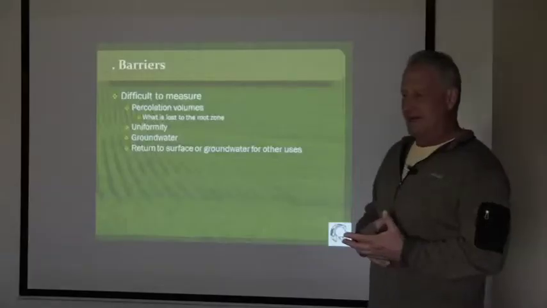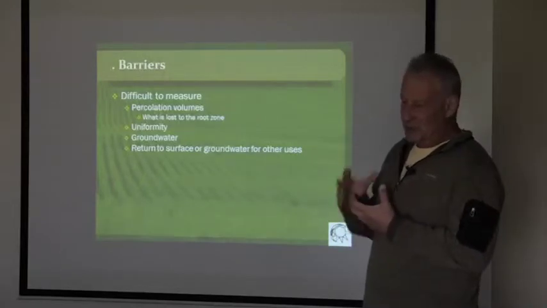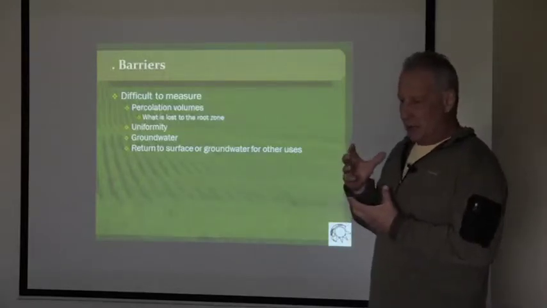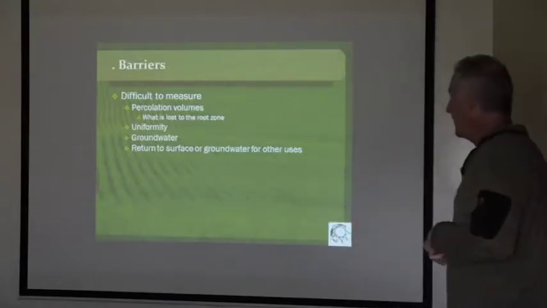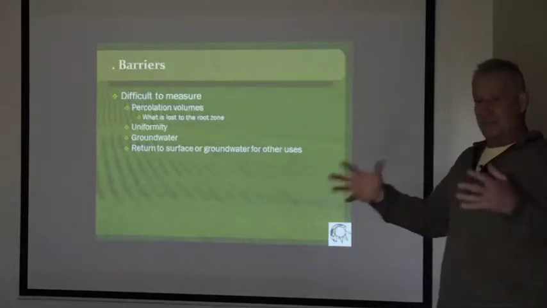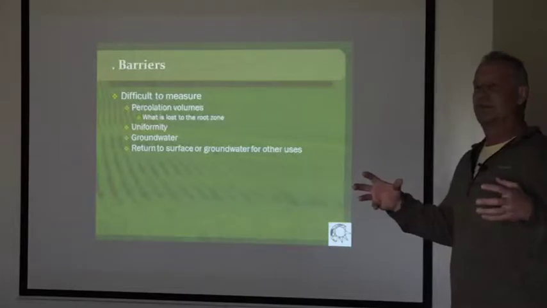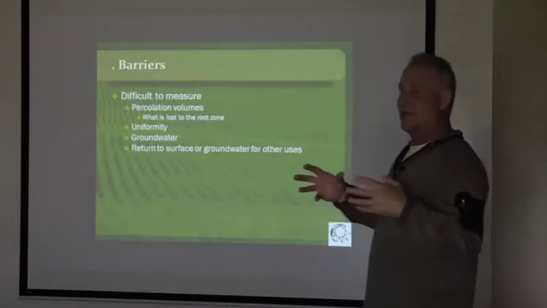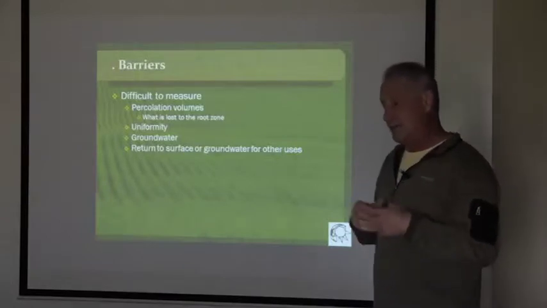Uniformity: if you buy a new pivot system or wheel line system, the pivot dealer will know what sprinklers to put on the system for your crop, so you'll probably have nice uniformity, but maybe not.